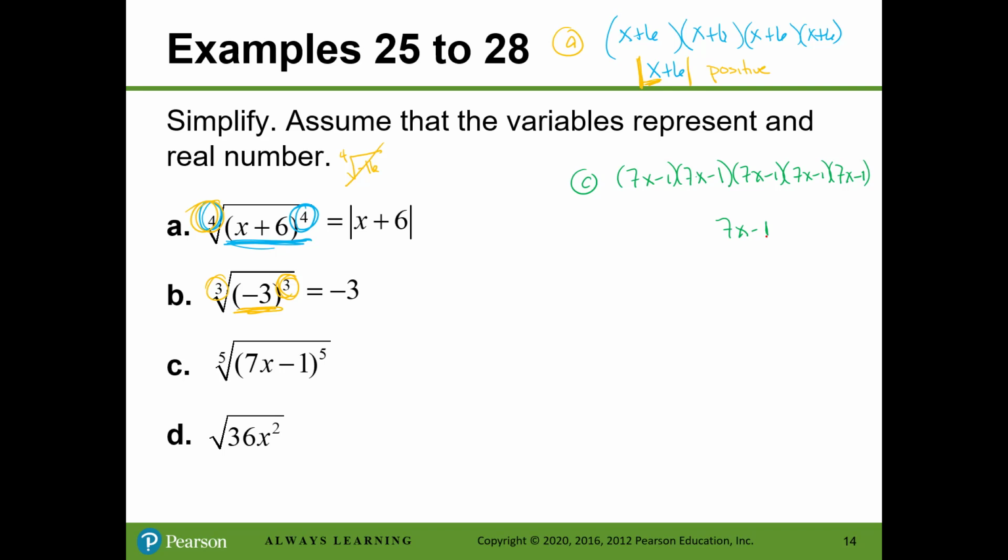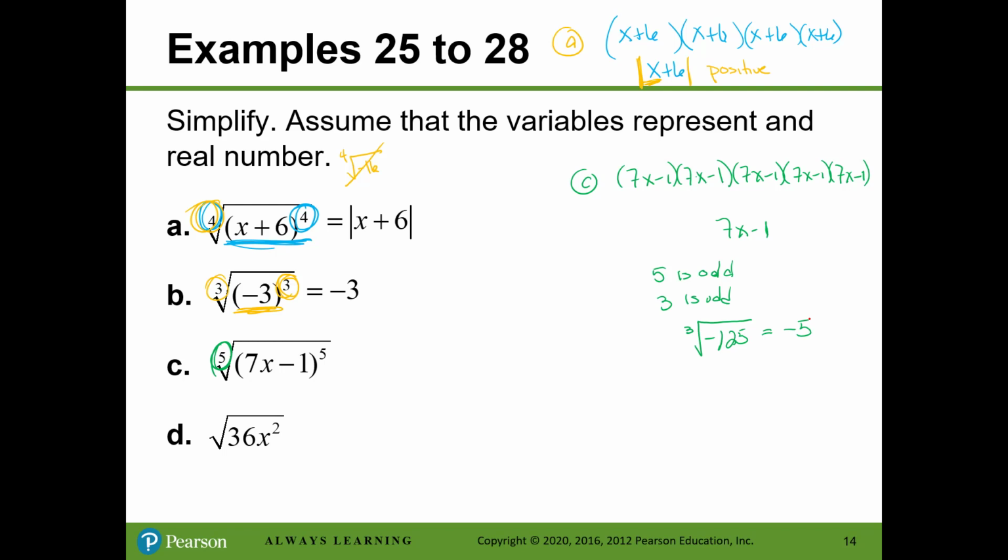Help me out. Am I allowed to take the fifth root of any number I want? If you're like, well, I'm not sure, let me ask you something. 5 is odd, right? 3 is odd, isn't it? We tried taking the third root of a negative 125, and we were able to do it. We said the answer was negative 5, wasn't it?